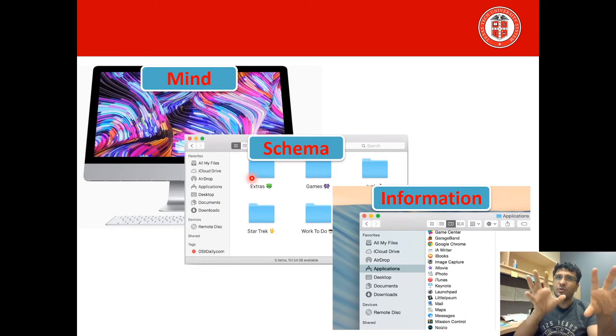So if we try to connect the schema model with the information processing model, both are receiving information. Now, the information processing model just stores the information, just like our brain does. If it's required, it's retrieved as an output. If it's required directly as an output, it's there. To some extent, schema is doing the same thing.